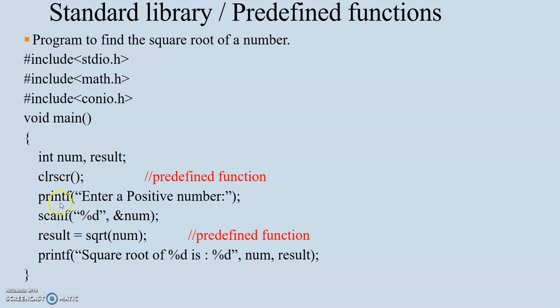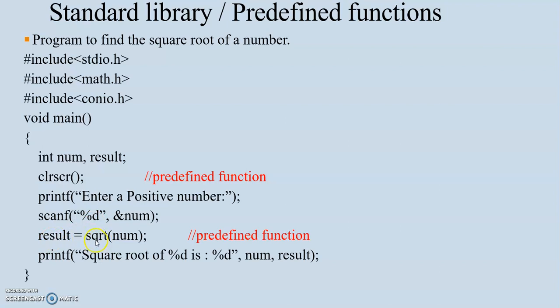Next, we move on to printf, enter a positive number. Now, why did we ask for a positive number? If I am using the square root function, the number which has to be passed to the function definition always has to be a positive number. So we get the positive number from the user and write down a predefined function.